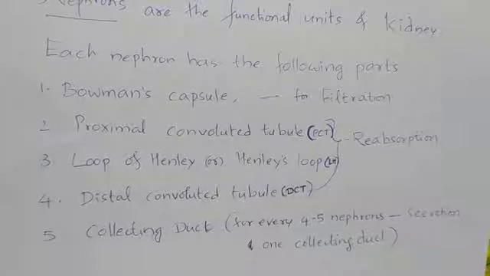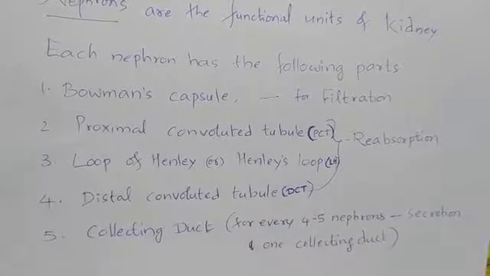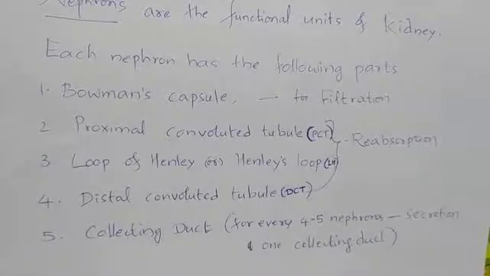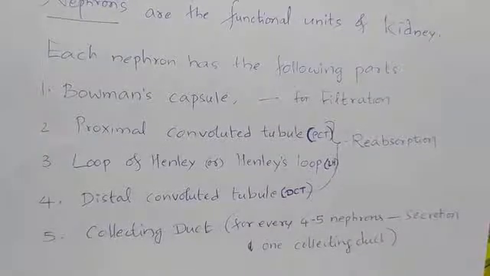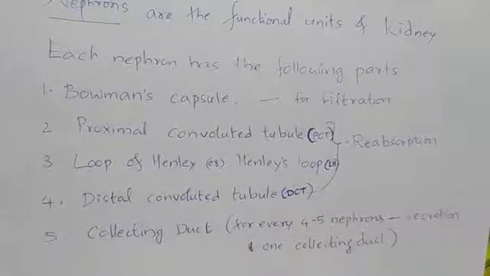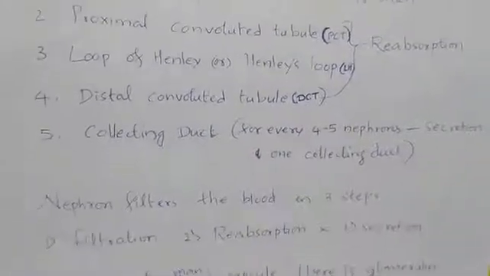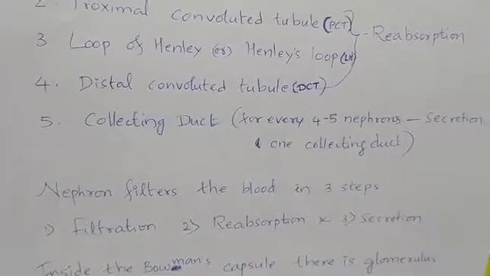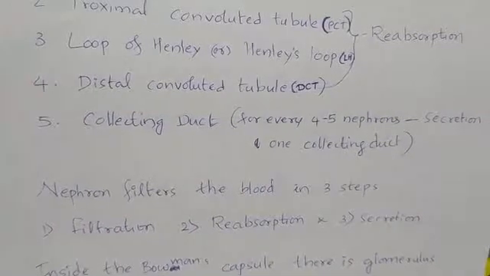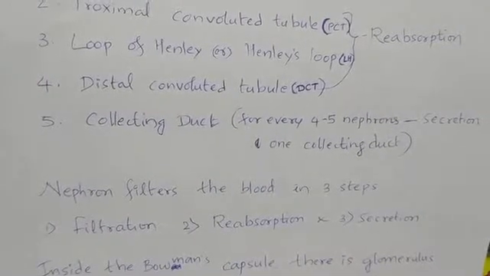The distal convoluted tubule joins with a little larger duct, known as the collecting duct. Each collecting duct is common for 4 to 5 nephrons. So for every 4 to 5 nephrons or a little more, there is one collecting duct, right? Nephron filters the blood in 3 steps: filtration, reabsorption, and secretion.